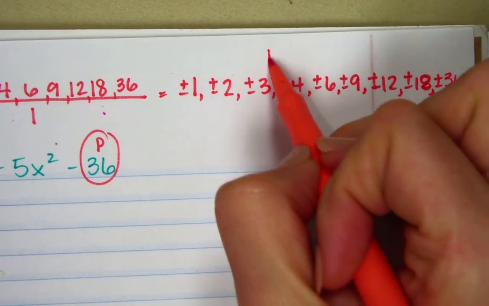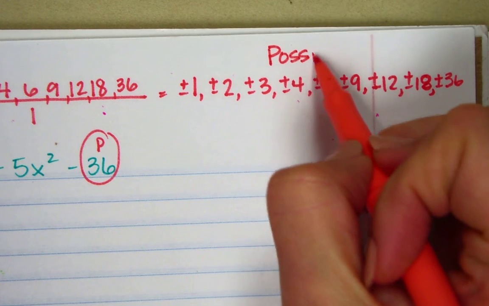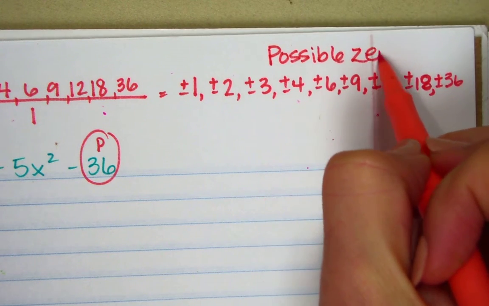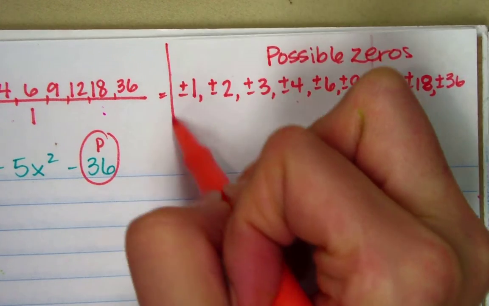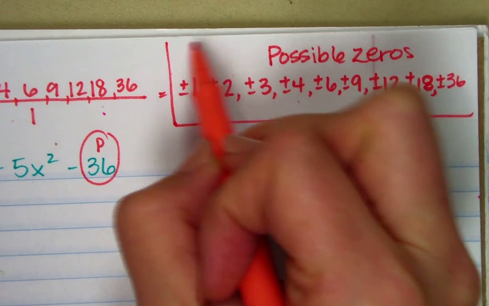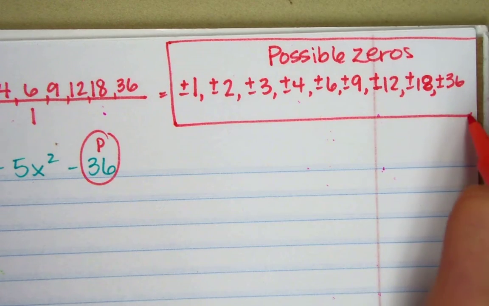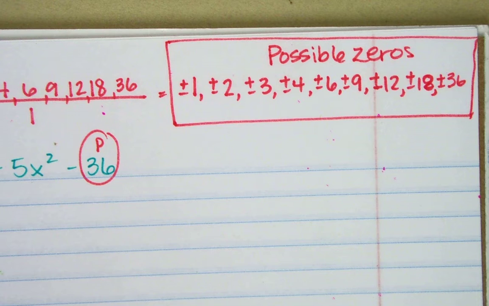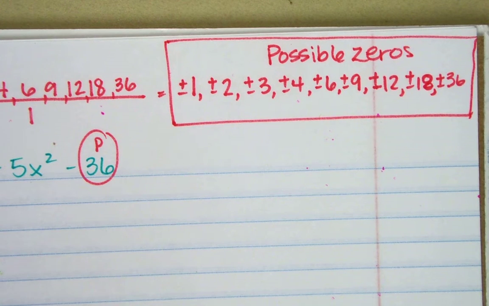Possible zeros. All right, so there's a lot. There's 9, plus all the negatives. So that means 18 possible things that we might have to try.